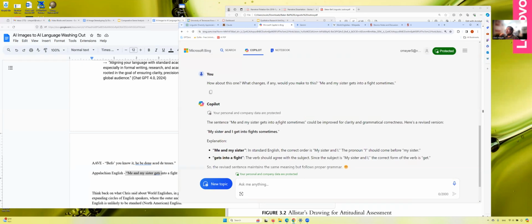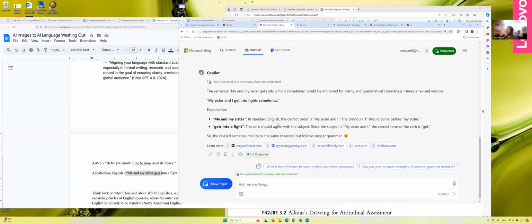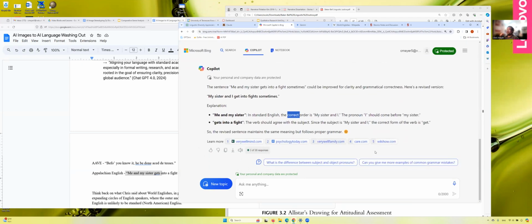Bing also uses this language of correct, right? And so the difference seems to be, in terms of how it treats these two varieties of English, clarity versus correctness, which, as a language nerd, is really interesting to me. I want to know more.